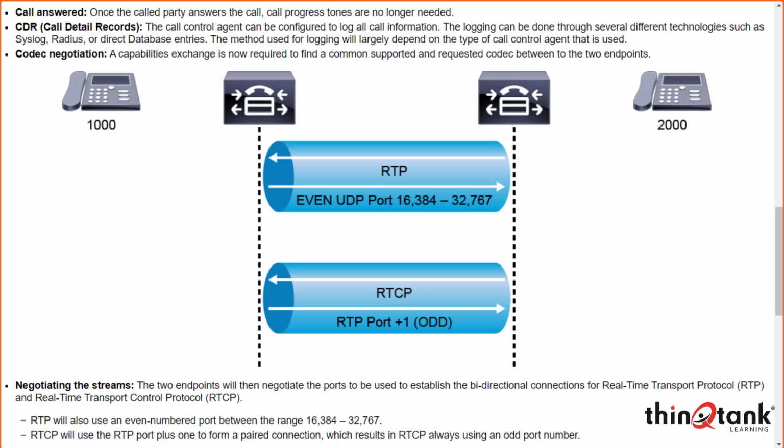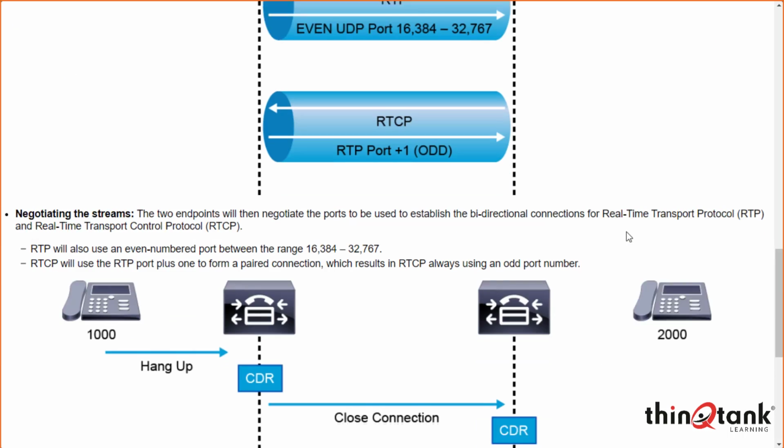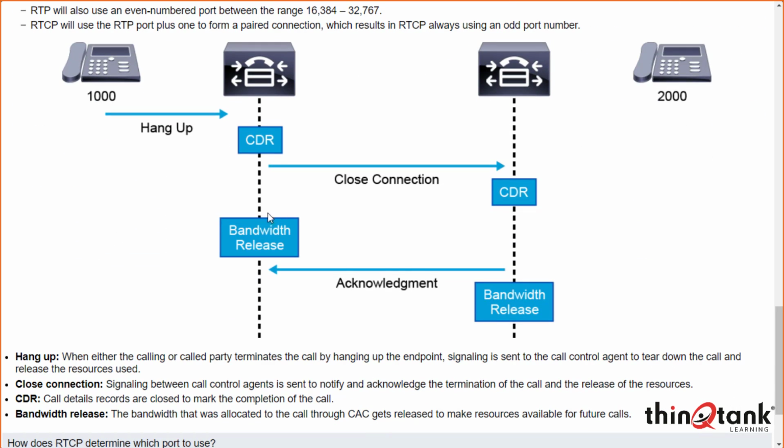All right. If I hang up the call, pretty basic process. I go through the same process. That's called going on hook. We're going to go ahead and record that the call was hung up. We're going to send a closed connection message to the other call agent or the other device that's responsible for terminating the call on the destination extension. We're going to release the bandwidth, and we're going to acknowledge that particular process.